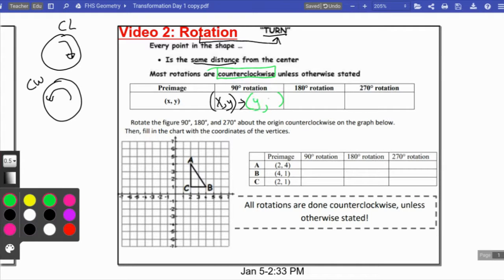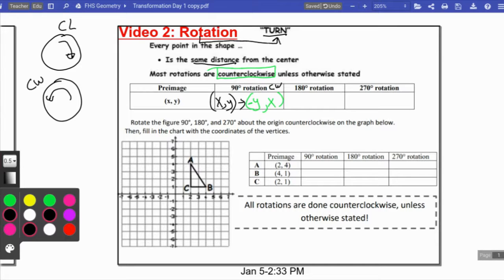The y and the x switch positions, and the left side gets the negative. That is for 90 degrees counterclockwise. I should probably put CCW here.